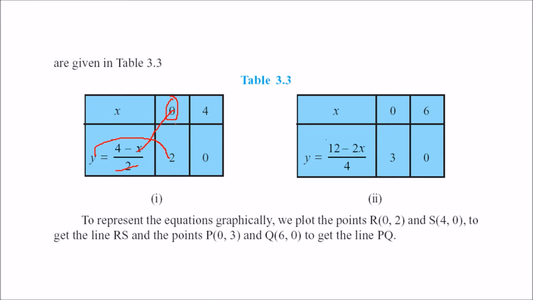We placed x equal to 0 here, 4 here, and then find out the y. So we have got the coordinates (1, 2), which we are going to place on the xy axis. Again, for the second line, we'll place x as 0, 6 here, so that we can get y. Now we have the coordinates of 2 points for both the lines, we can draw the lines.